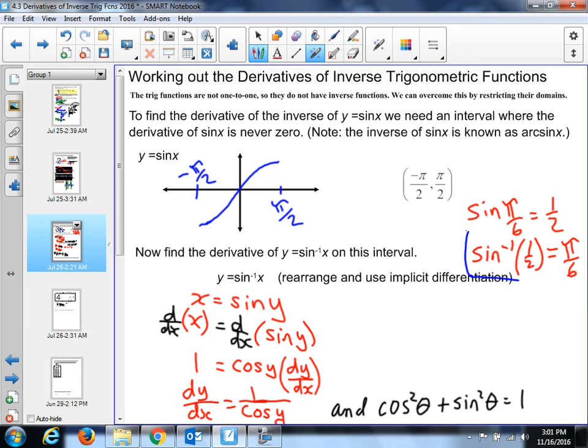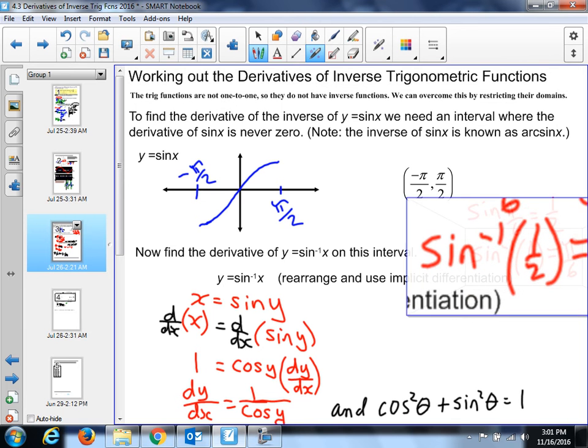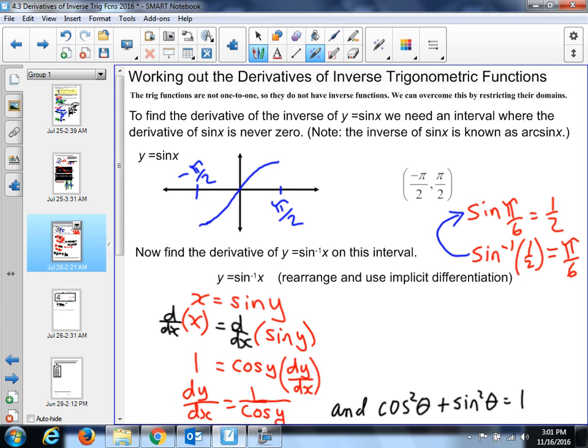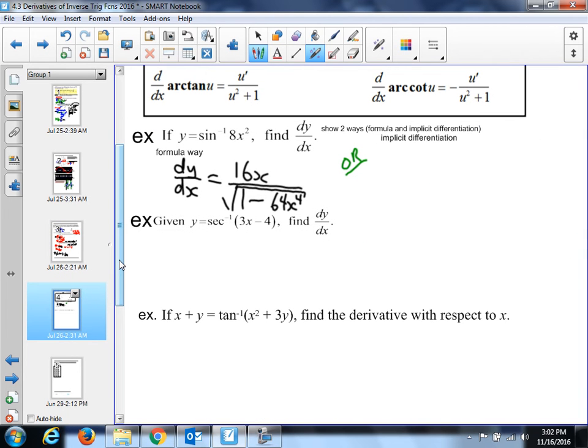If I'm giving you an expression like this, how can I rewrite it without the inverse? Ah, okay, you're catching it. So this is the same information as what? The answer is 8x squared, right?